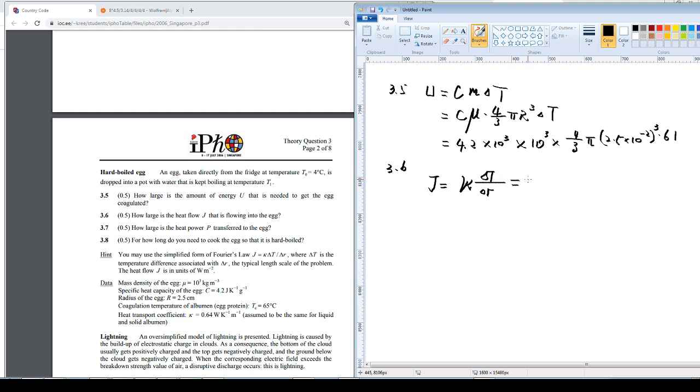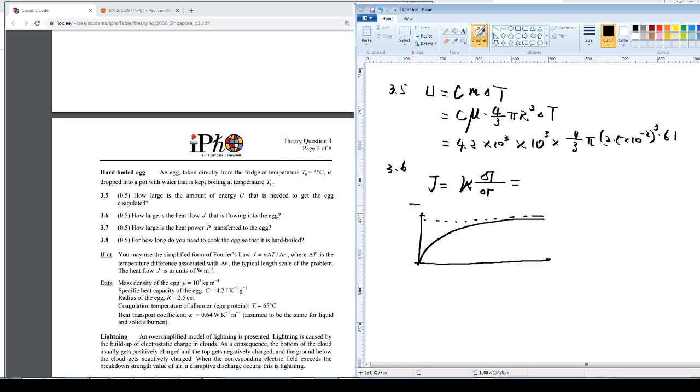The center of the egg is 4 degrees Celsius. This is an exponential process, in a sense.